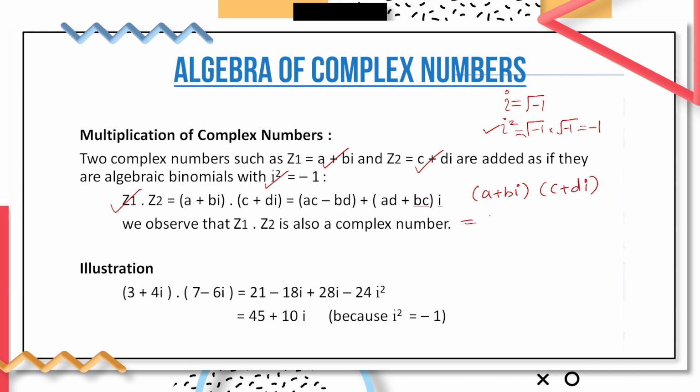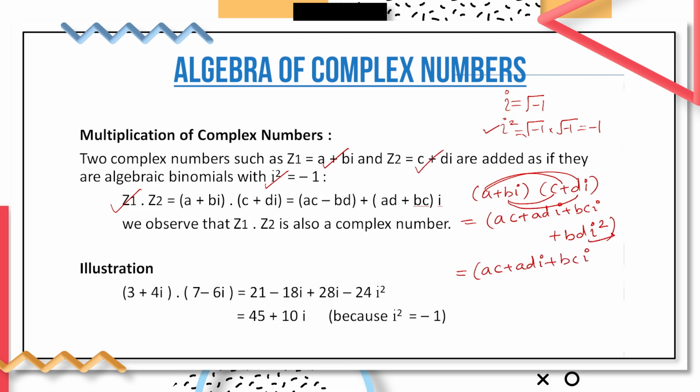Opening the braces, it will be ac, this into this, plus a into di, plus b into ci, plus b into di squared. So, what it turns out to be is ac plus adi plus bci.